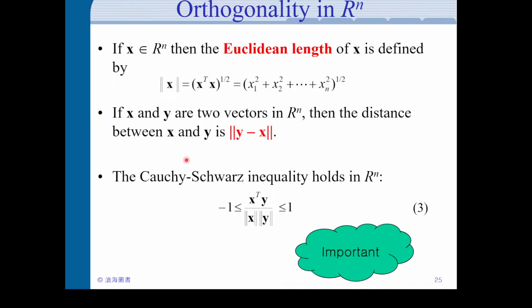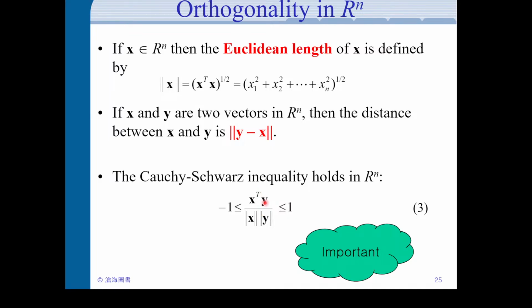Distance is once again just the length of the vector y minus x, or x minus y. And you can easily show that the Cauchy-Schwarz inequality will also hold. Here we don't quite have a geometry yet, so to prove this you need to go back to algebra, but we just state that it holds.